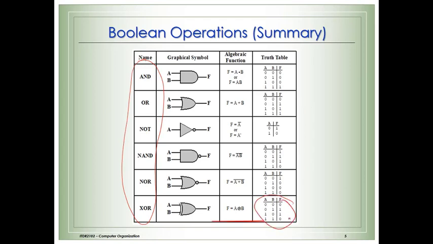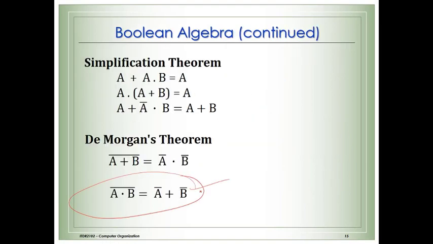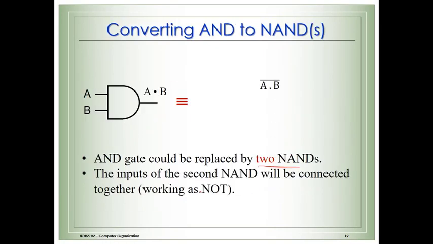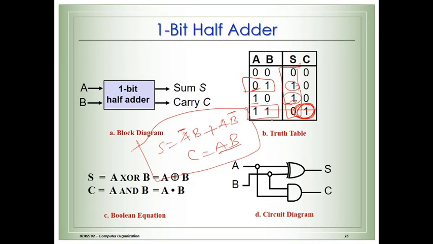For these inputs, this is the output. We get it for the exclusive OR gate. It means that our sum is equivalent to A exclusive OR B. So in this way you can write A exclusive OR B.